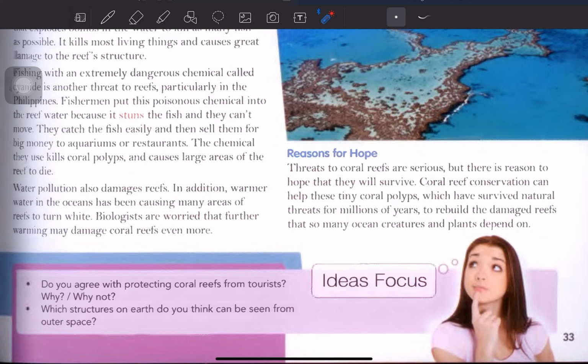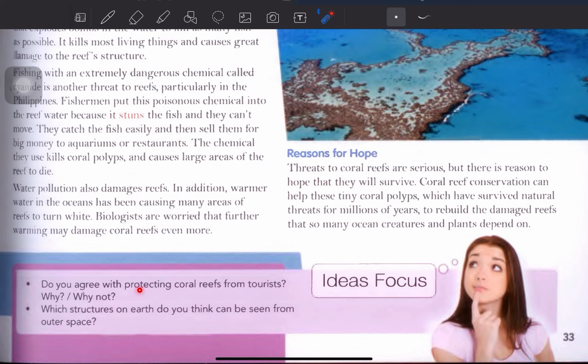Okay, next, your task is, okay, look at this beautiful girl over here. Okay, you need to do ideas focus. Okay, the questions are, do you agree with protecting coral reefs from tourists? Why not?